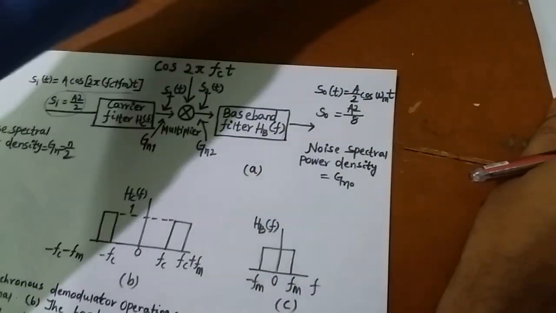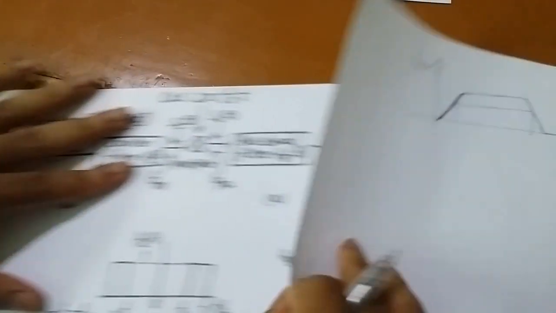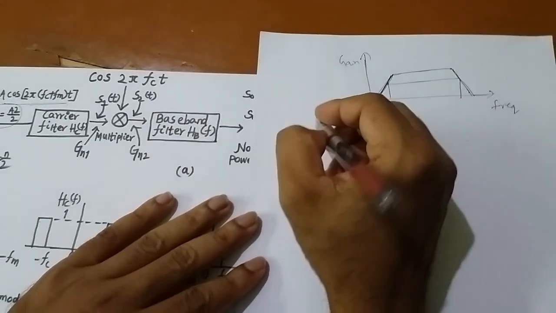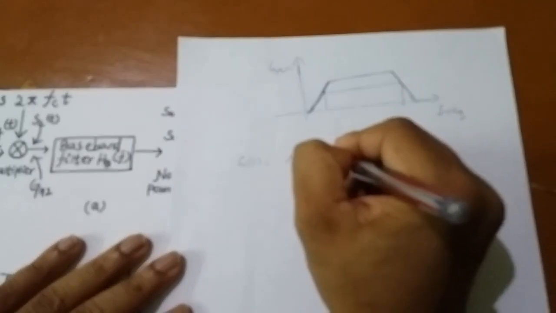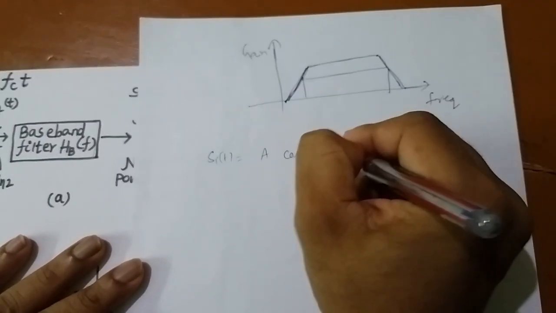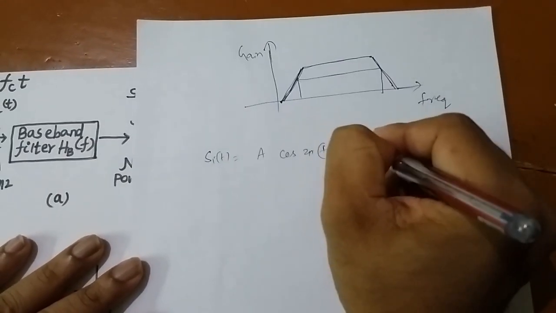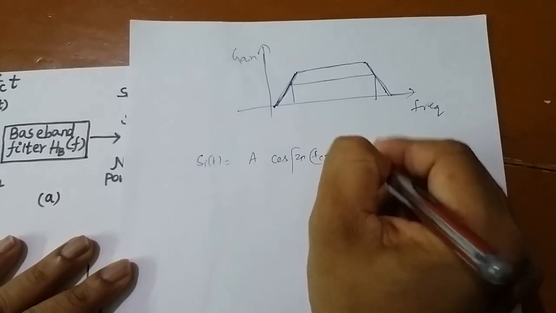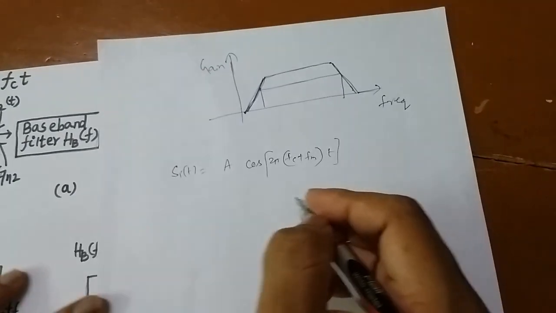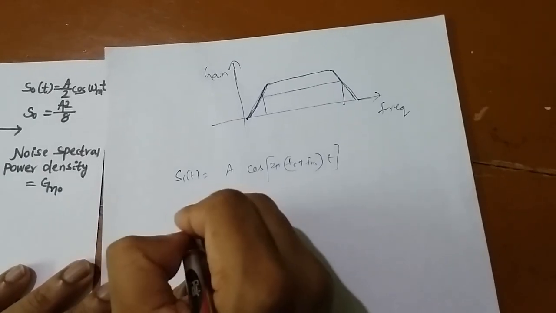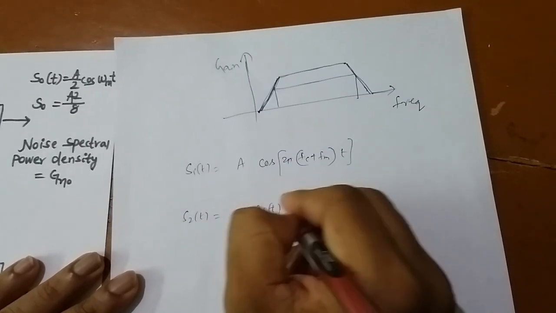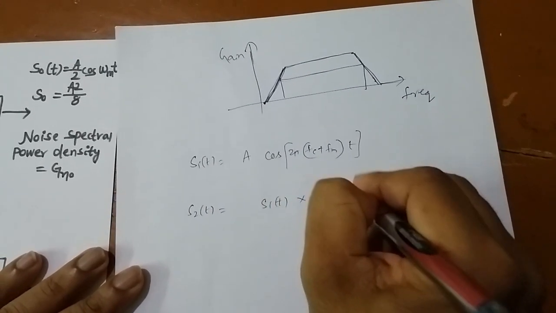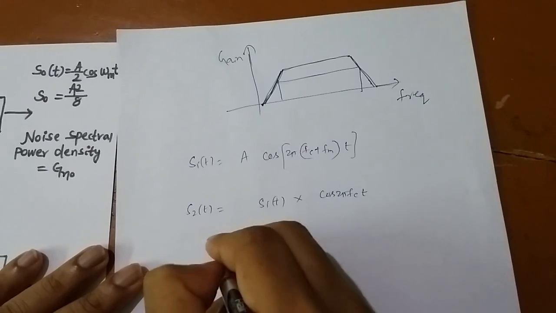Now see the mathematical analysis, how we got the output from the multiplier. The signal Si of t is A cos 2 pi (fc plus fm)t. Now you multiply this to get S2 of t. We multiply Si of t into cos 2 pi fct.